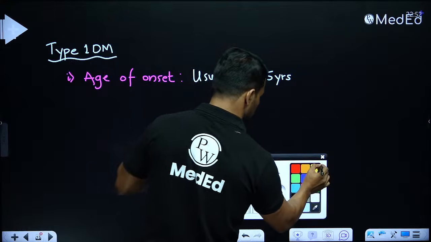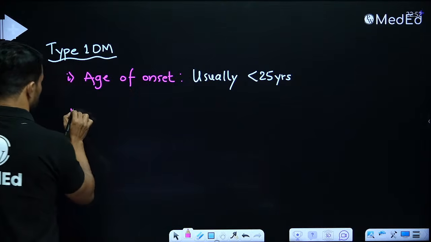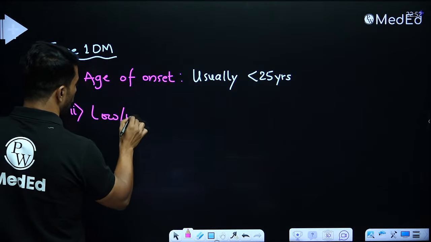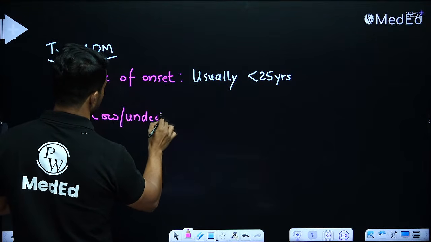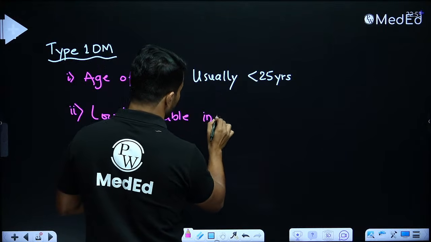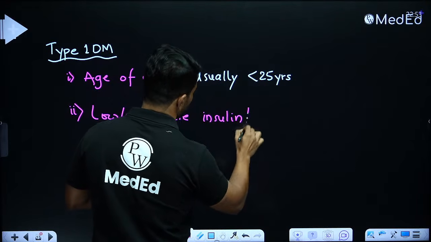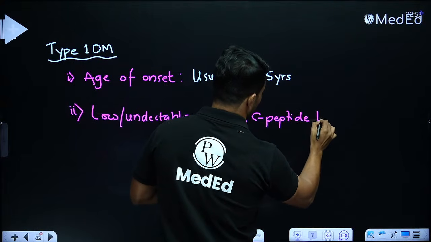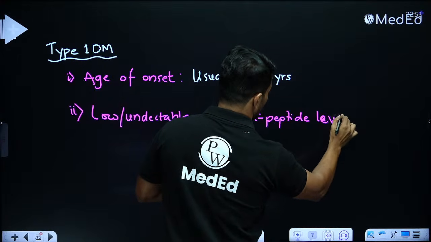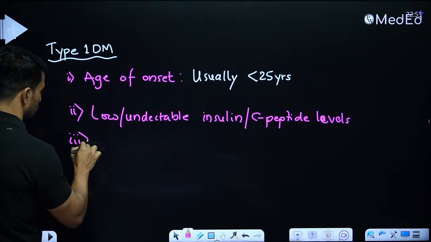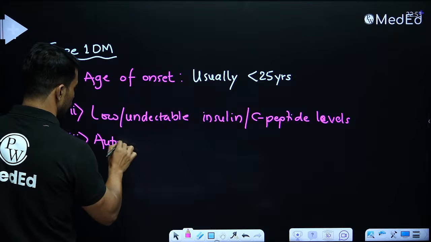Second, the patient will have low or undetectable insulin or C-peptide levels. Third, these patients will most likely have autoantibodies.